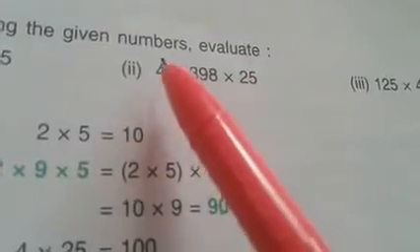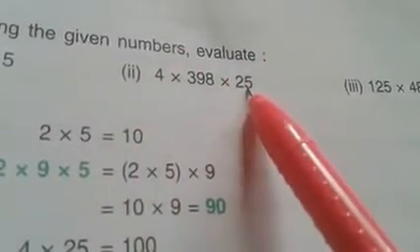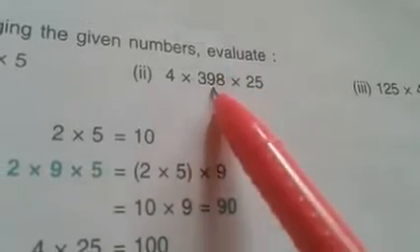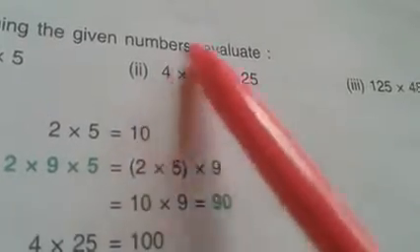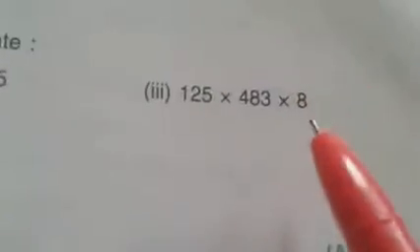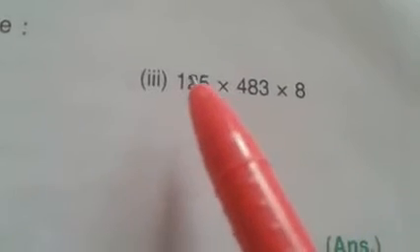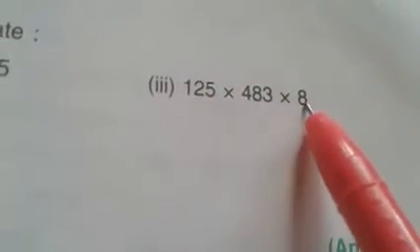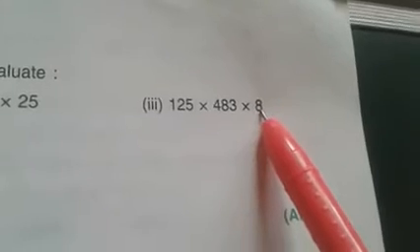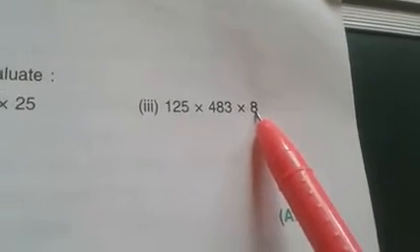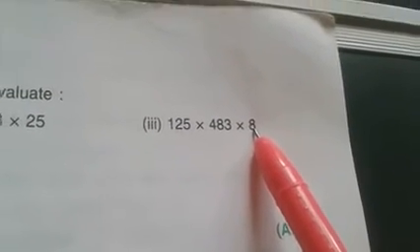It is so simple. In this case we'll multiply 4 multiplied by 25. It will give me 100. So 398 multiplied by 100. In this case you can see 125 multiplied by 8.